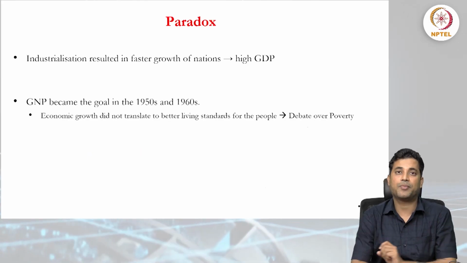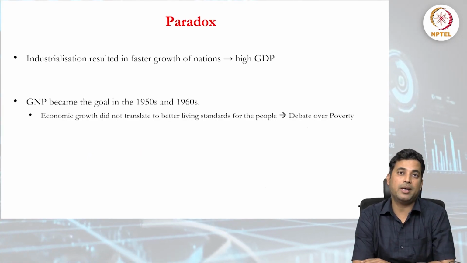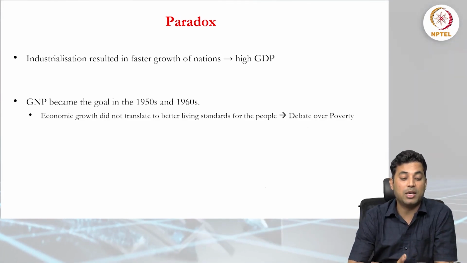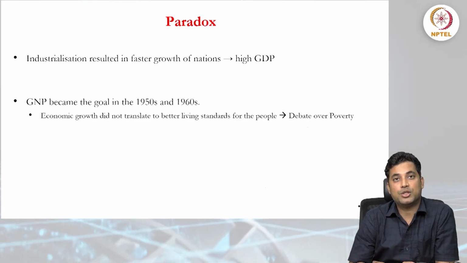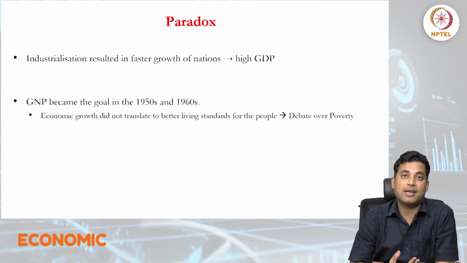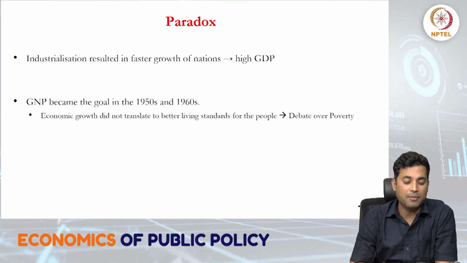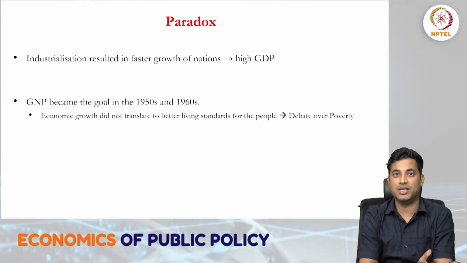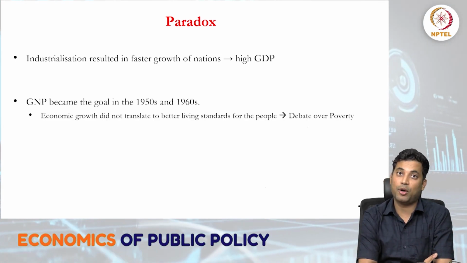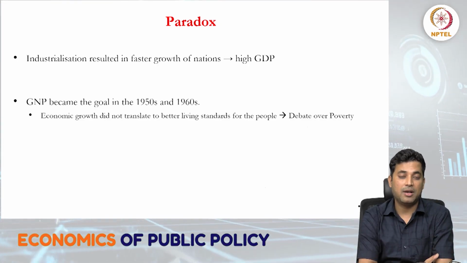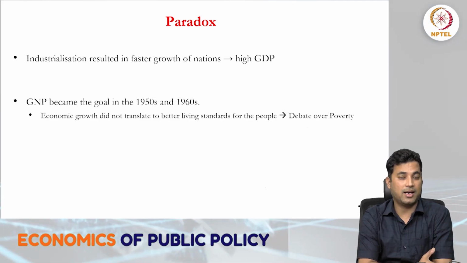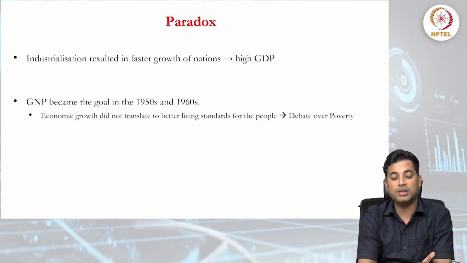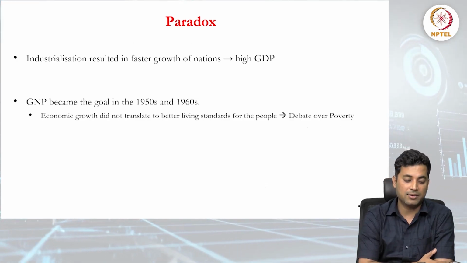So now let's think about the paradox, since we already discussed the macroeconomic equation, which is Y equals C plus I plus G plus X minus M in the case of an open economy. And we also discussed the role of GDP, especially from the policy makers' perspective, and for any nation, and its prosperity. Growth was taken as one of the most important tools to consider in economics.